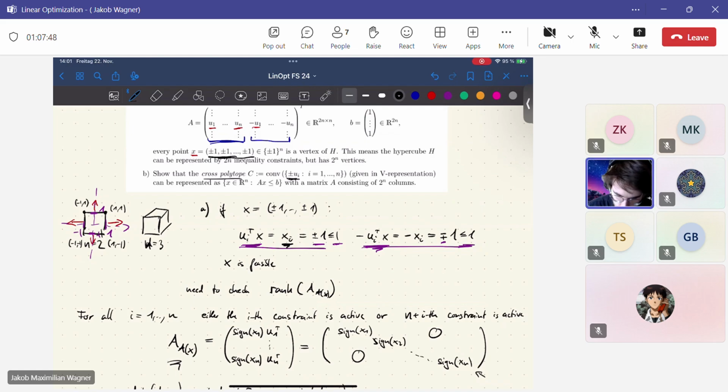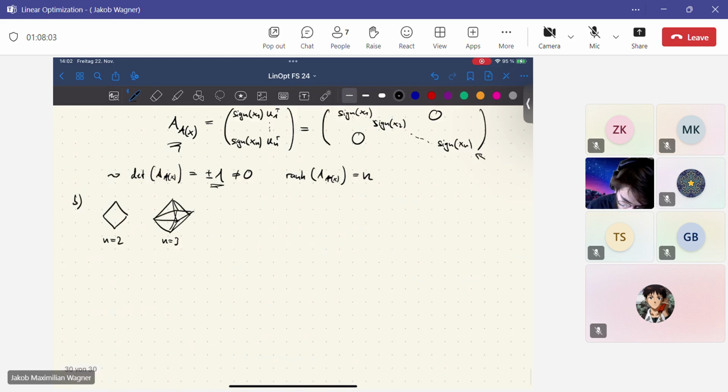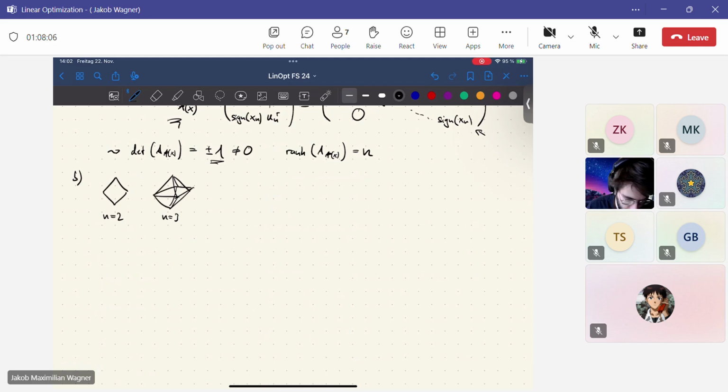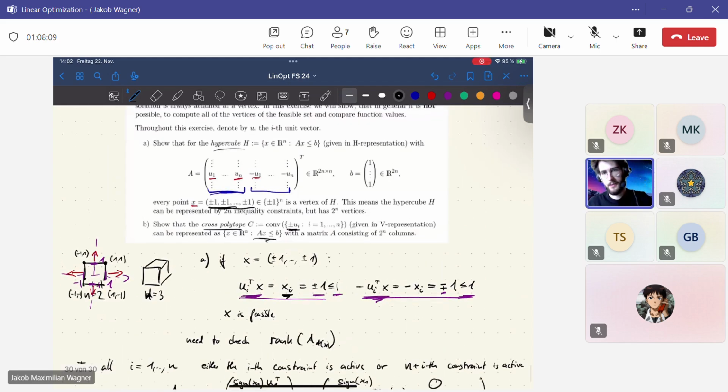And we actually don't want to show that these are all vertices of the set. It's pretty straightforward to show this, but we actually want to find a representation in terms of inequality constraints. For this, as we already saw in the last exercise where we discussed the polarity of sets, in the hypercube we had the plus minus the unit vectors as the inequality constraints and the plus minus ones as vertices of the set.